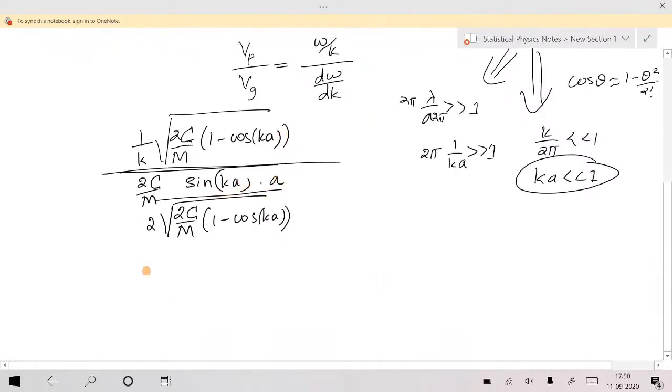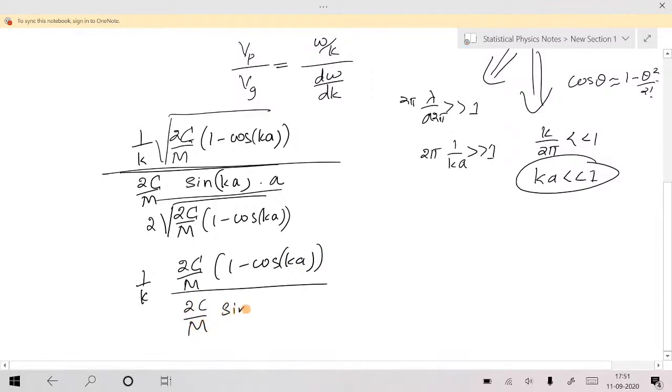So now this would be 1 by k. When I take this one to the numerator, this will be 2c by m into 1 minus cos ka, whole divided by 2c by m into sine ka into a. Okay, you can cancel out this one.